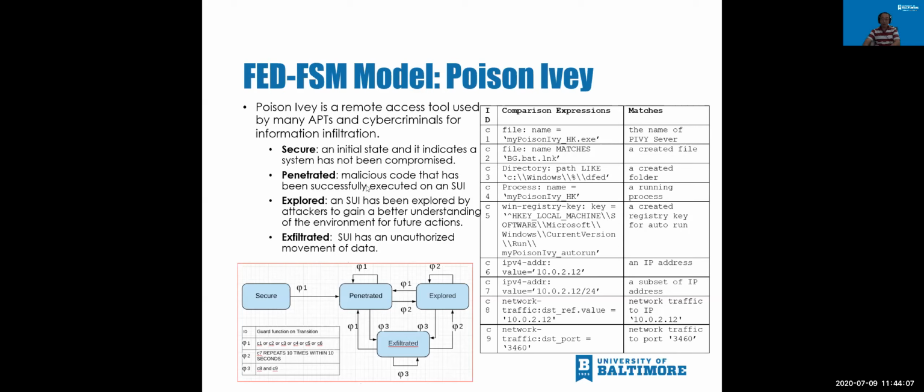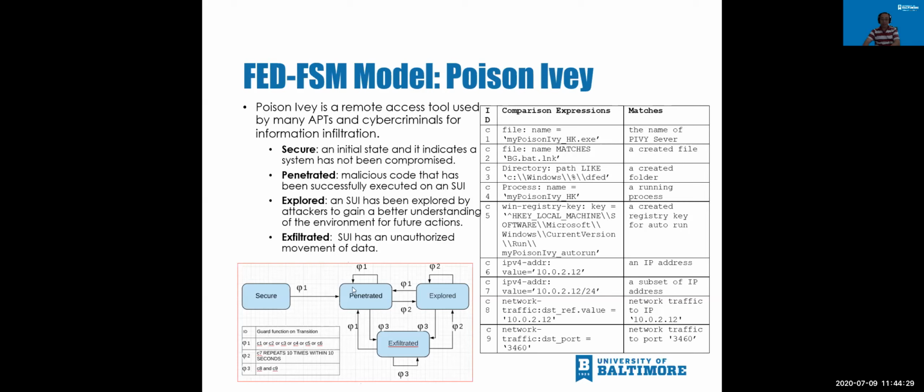To model this system under investigation impacted by Poison Ivy, we come up with 4 states. The first is the secure state, which indicates the initial state and that the system has not been compromised.